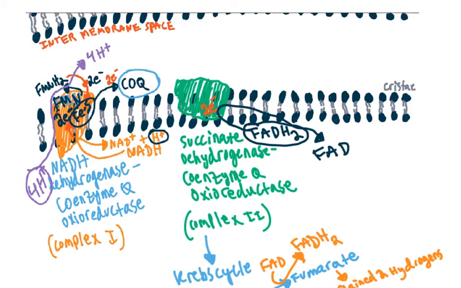What happens next is that we give these two electrons over to our iron sulfur clusters inside complex 2, and these iron sulfur clusters then give the two electrons to coenzyme Q. The weird thing is that when the succinate dehydrogenase complex, or complex 2, gives up these two electrons, there is energy release, but complex 2 does not pump any protons out to the intermembrane space.